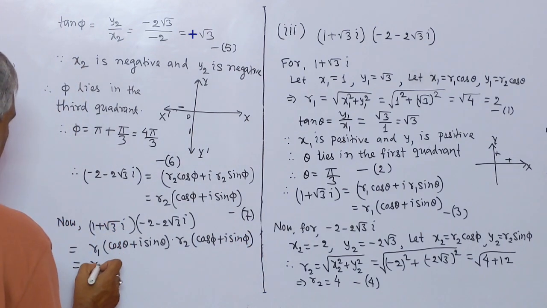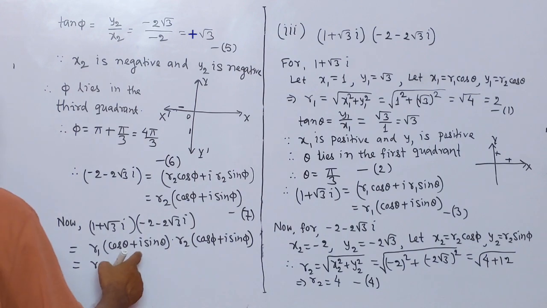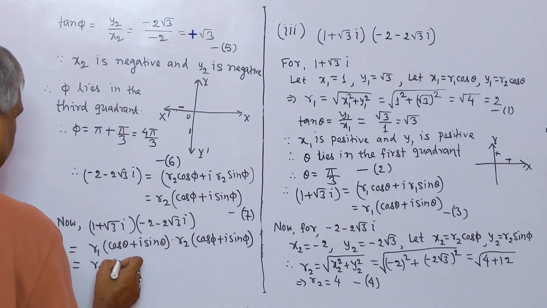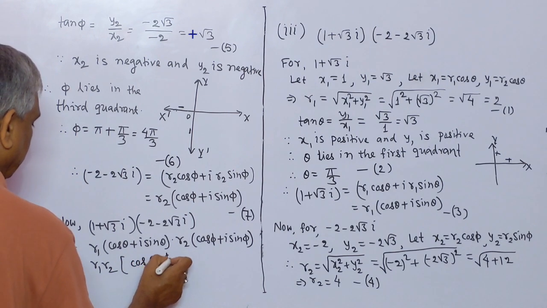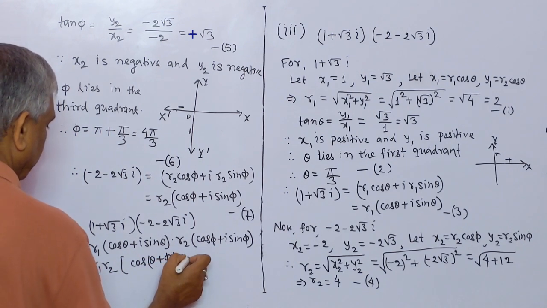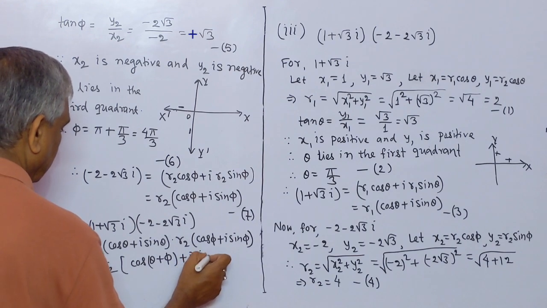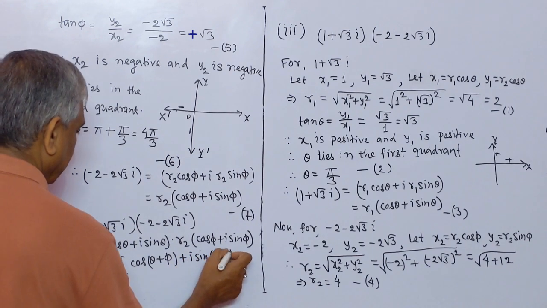This is equal to r1 r2, by De Moivre's theorem, if we multiply this, we get cos theta plus phi plus I sin theta plus phi.